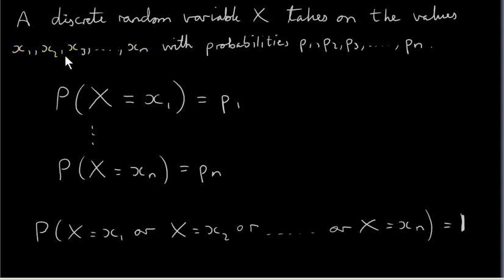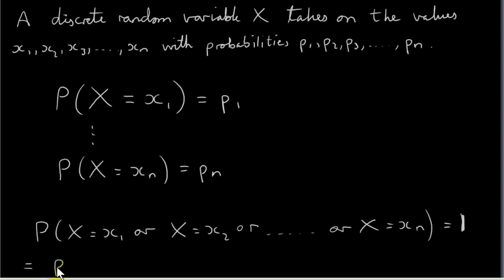Now also, these events are mutually exclusive. So if X equals x1, it will not equal any of the other values. If X equals x2, it will not equal any of the other values. So only one of these events can occur at a time. So that means that we can add the probabilities here using the OR rule.